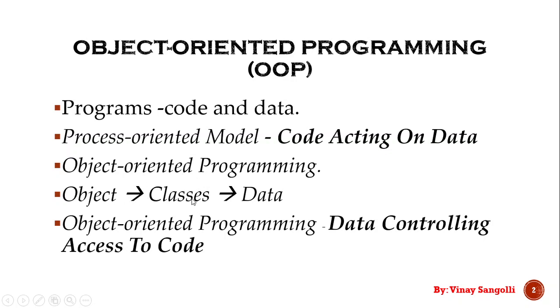I hope this much is clear: in object oriented programming the data is considered in the form of objects and classes. Remember this one simple thing: in object oriented programming you will come across the concept of objects and classes, whereas in process oriented programming you will not have any concept like objects and classes.